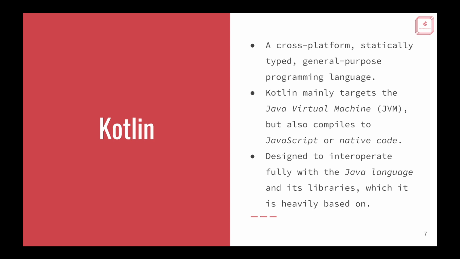As I mentioned already, it is heavily based on the Java language, but what it also does, and that is one of its main niceties, arguably, is that it's fully interoperable with the Java language and its libraries. What does that mean? This means that you can call any Kotlin code from Java, which is not so interesting because we're looking into writing Kotlin.